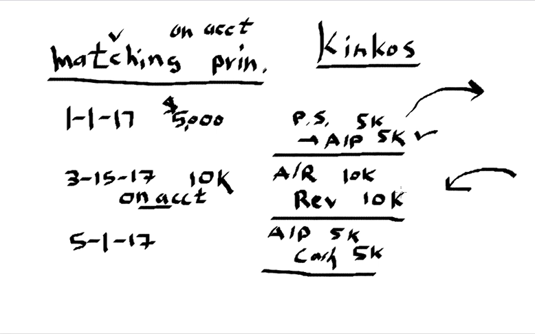And let's assume that this accounts receivable, we collect in July. So here we are in July. When we collect cash, cash goes up, so it's a debit. Cash is an asset. Assets go up with debits, go down with credits.